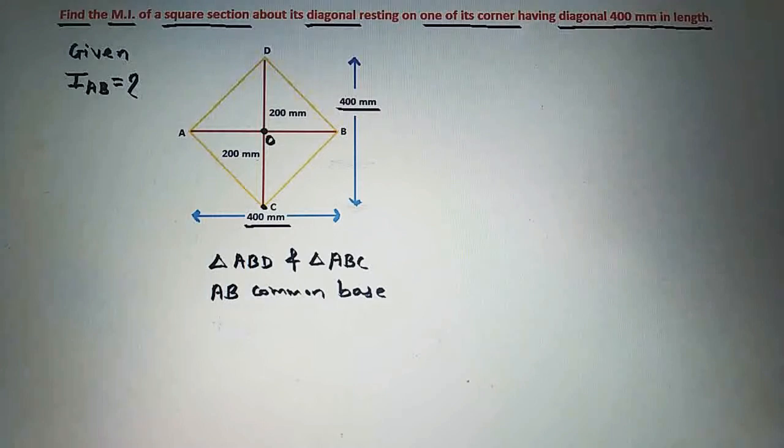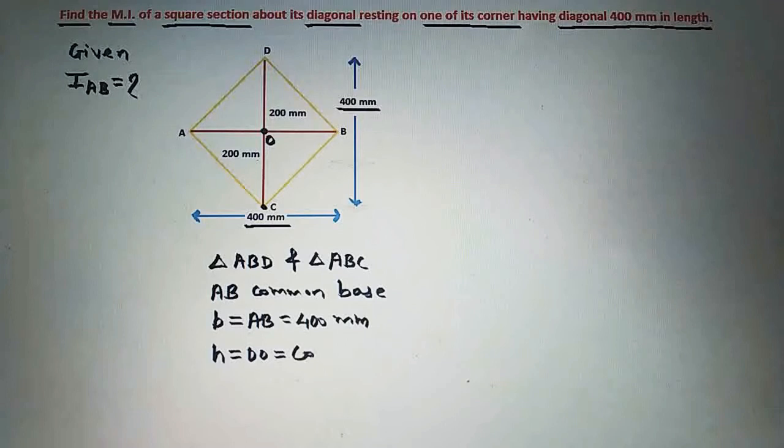So we can write the base length of these two triangles, that is b equal to AB equal to 400 mm, and the height of these two triangles, that is h equal to DO equal to CO equal to 200 mm. So this will be the height of these two triangles.